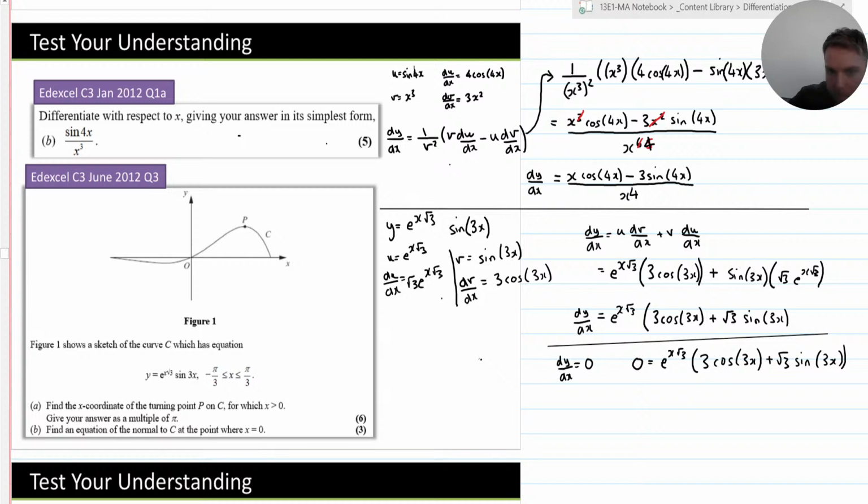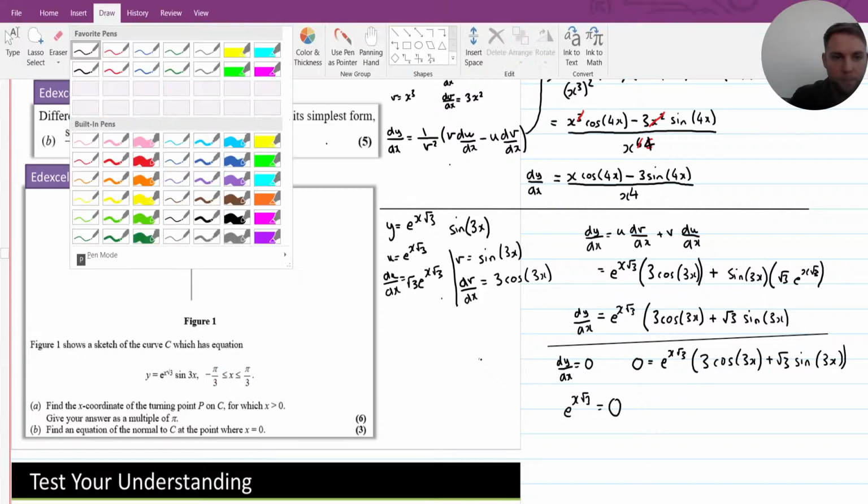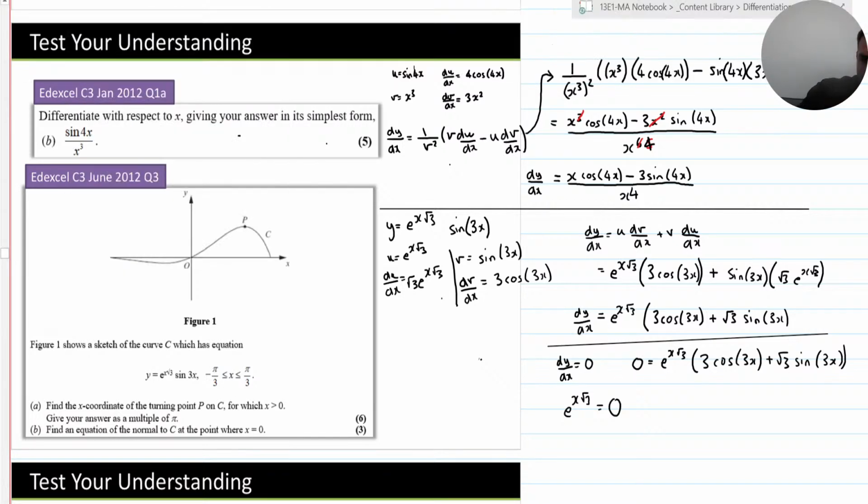Either the e to the x root 3 is equal to 0, which is impossible. Can't have that.